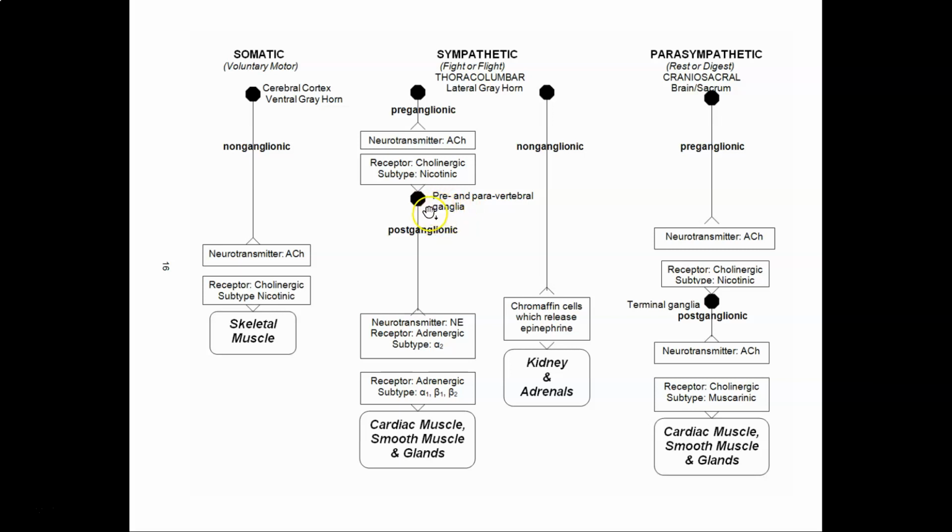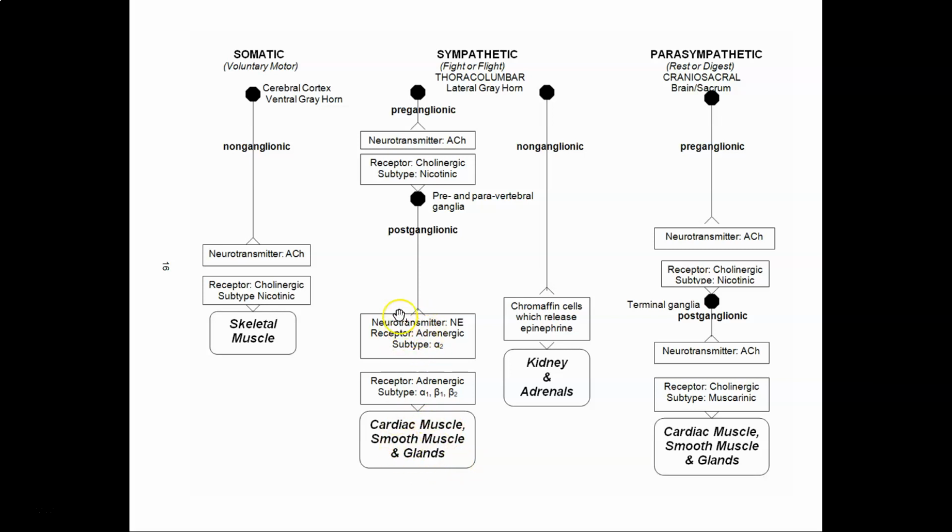So they go to those chain ganglia especially, and then those go out to the periphery to wherever the end organ is. The end organ could be cardiac muscle, smooth muscle, or glands primarily. So it could go to the heart, the small intestine, or a sweat gland. It could be any of those out on the periphery.